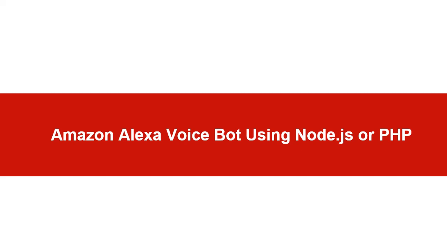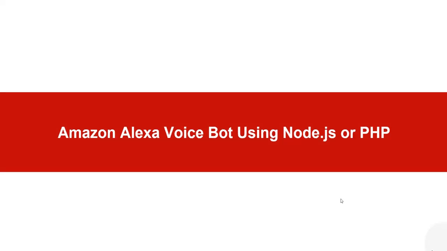So after a long time I'm coming up with a new video tutorial which talks about creating a voice bot using Amazon Alexa, either using a Node.js or PHP based web application. As all of you know, we need to have a good use case before proceeding with this.